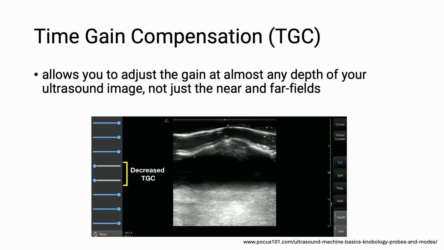Time gain compensation. This allows you to adjust the gain at almost any depth of your ultrasound image and not just the near and the far fields. Again, this is getting into more in depth. This is more of the adjustments that a sonographer may do to clearly identify different structures.